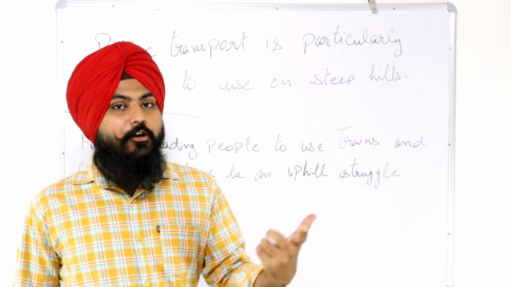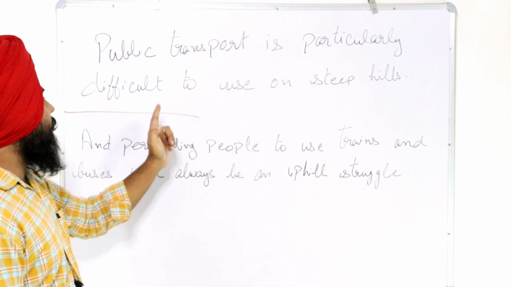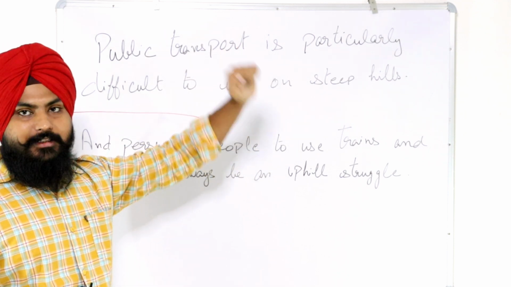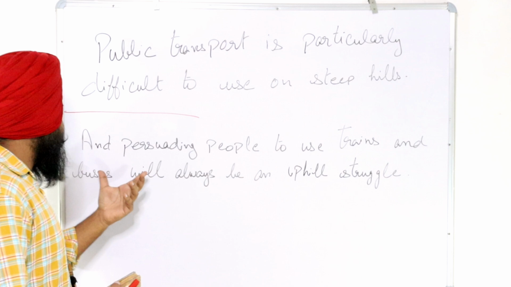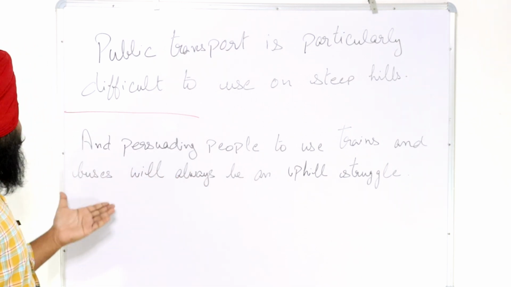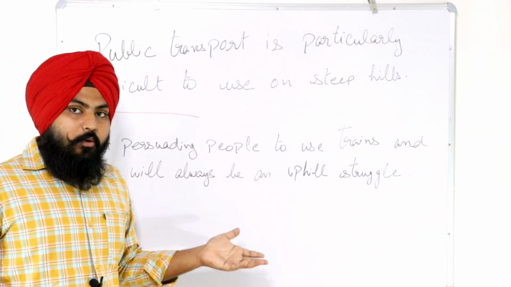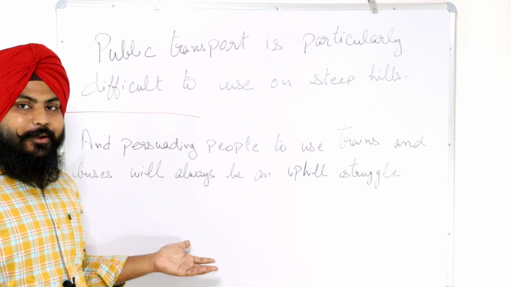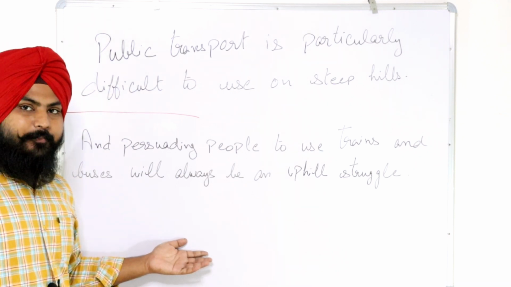So now the third question over here is, public transport is particularly difficult to use on steep hills. The passage says that persuading people to use trains and buses will always be an uphill struggle. So what can be the answer? Just look at it once, pause the video and try to get the correct answer.